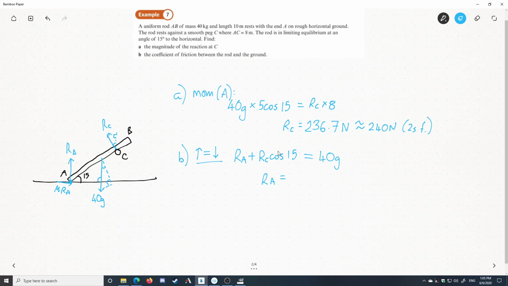Now we know the value of RC from above, so if we do 40G subtract answer times cos 15, we see that the reaction at A is 163.4 newtons.